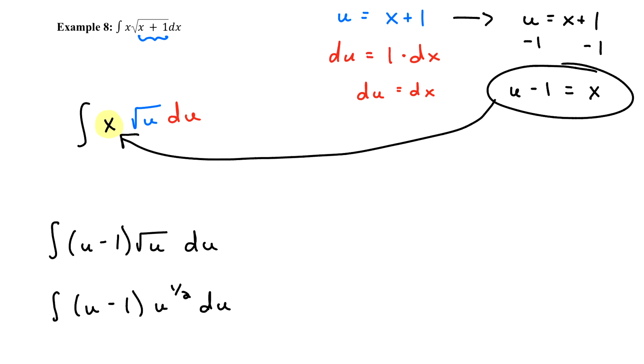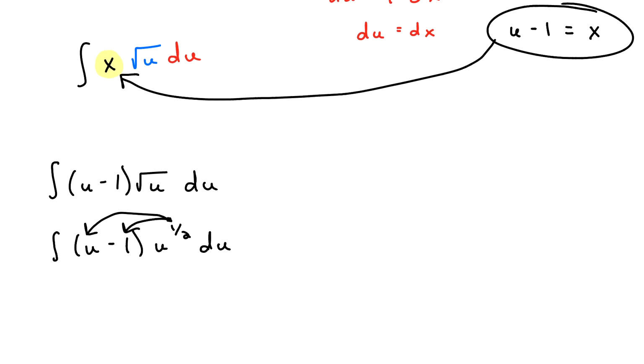And I'm going to take this u to the 1/2 and distribute that. So this is really u to the first power. When I multiply variables, I add their powers, so I should have u to the 1½ power, or u to the 3/2 power, minus 1 times u to the 1/2 power, which is just u to the 1/2 power, du.